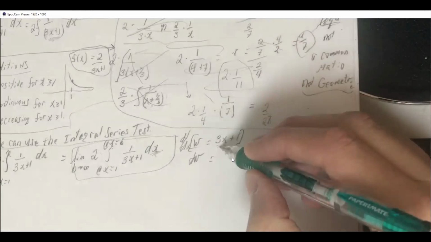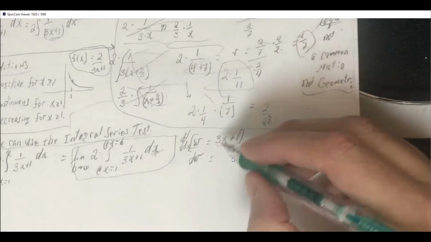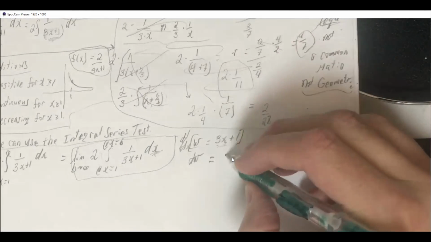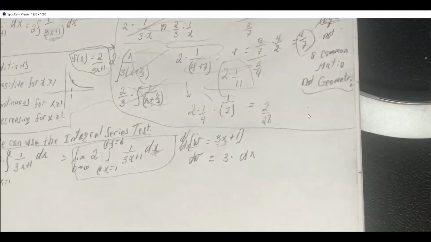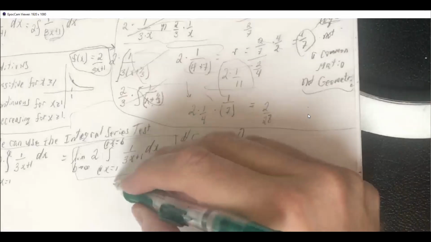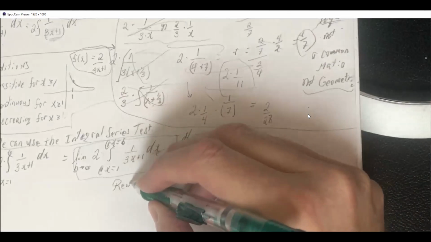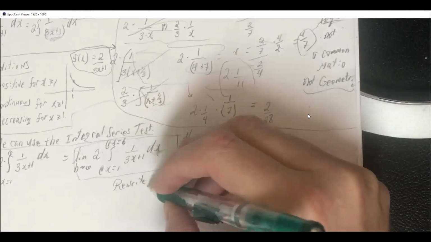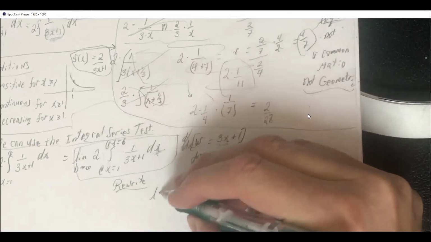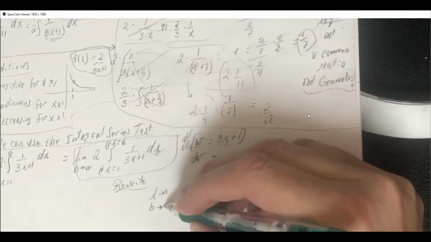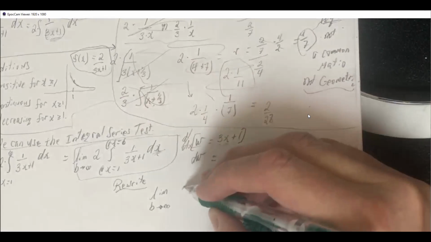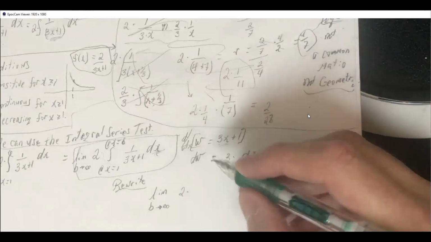And what's the derivative of 3x plus 1 with respect to x? 3. And now we rewrite our integral. And we have this limit still, that's waiting for us, as well as the multiplication of 2.